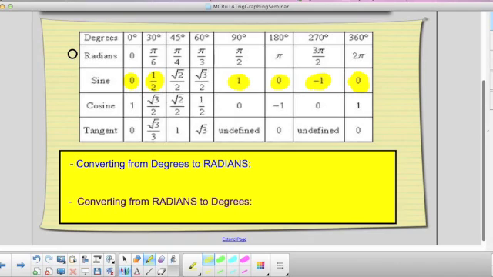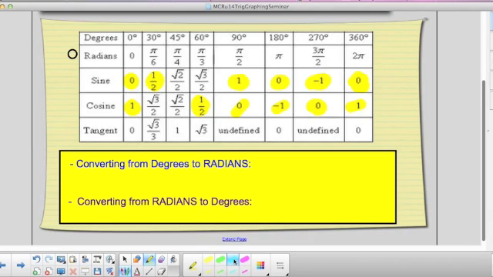For the cosine function, I would memorize these main points, just ignoring the radical numbers. The reason these points are important is that these are the points you're going to apply transformations to. Just like you applied transformations to the quadratic function y equals x squared, the cubic function, and the square root function, you're also going to apply transformations to the sine and cosine function.